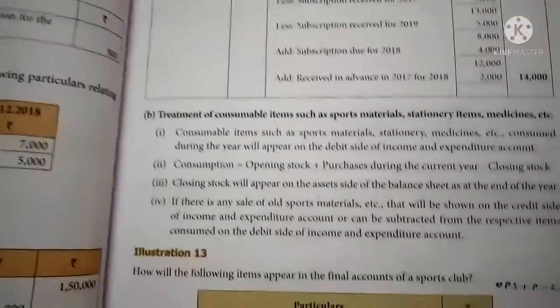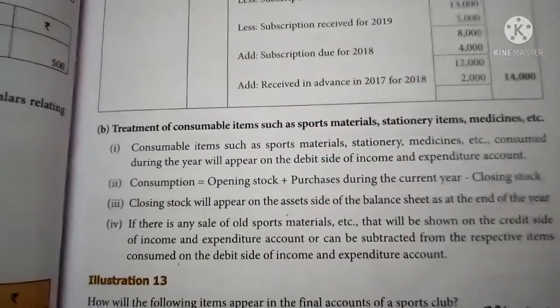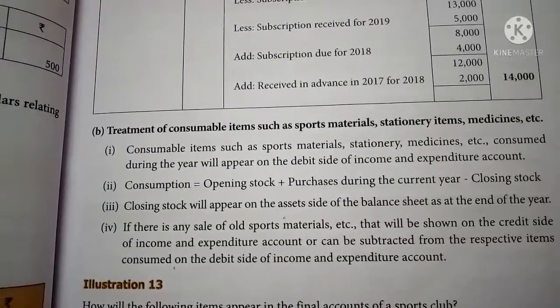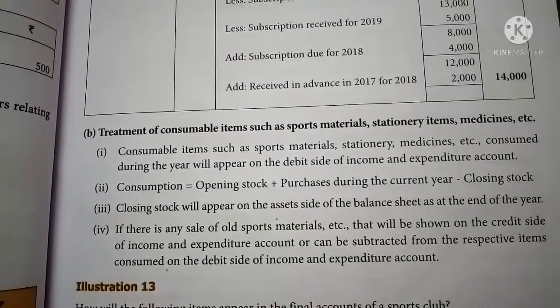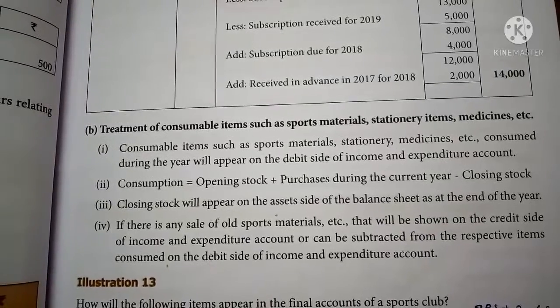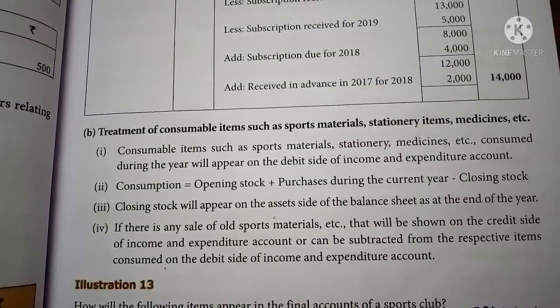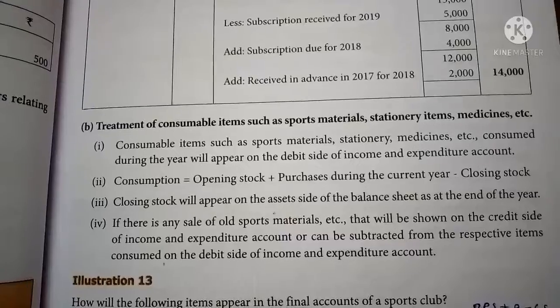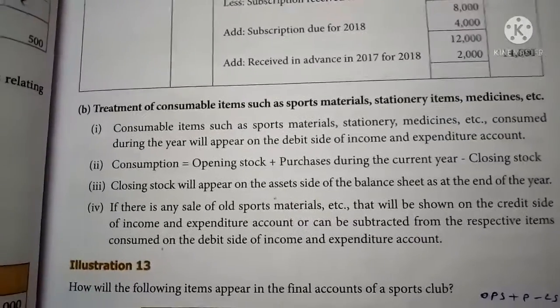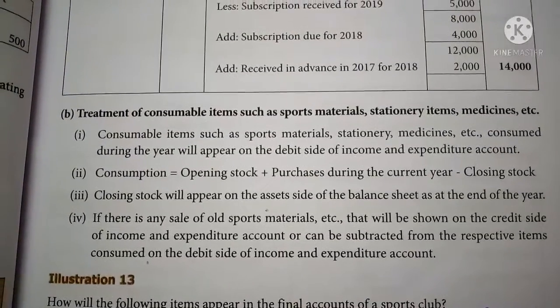Now let us see how the special items, that is sports material, stationery items, medicines, etc., will be adjusted in the income and expenditure account and balance sheet of a not-for-profit organization.